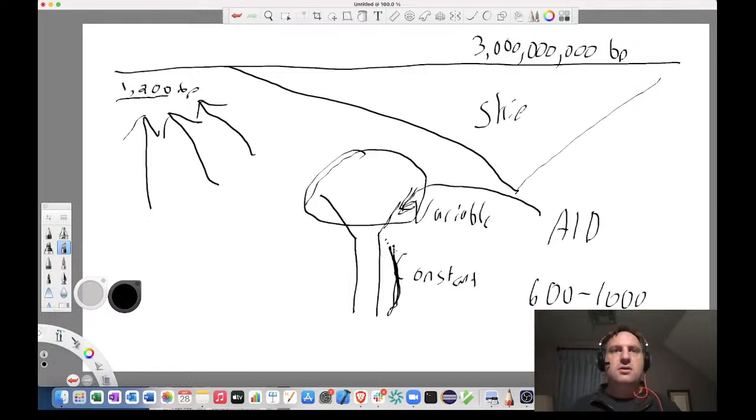Like it makes it look like one of these recombination signal sequences. And so these individual mutations that are problematic have cascading effects.